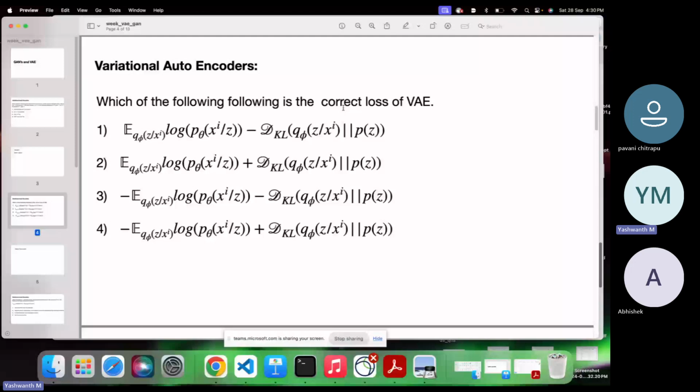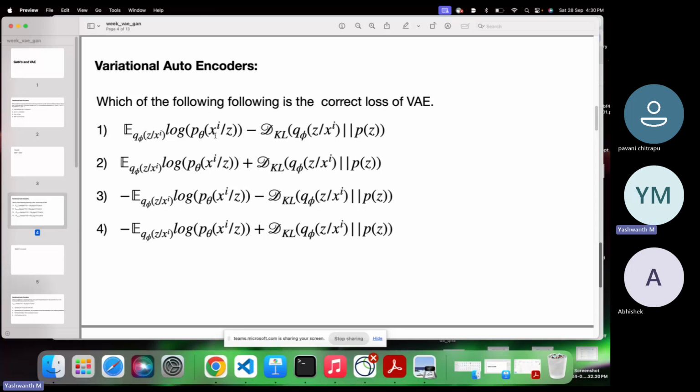So which of the following is the correct loss function for the variational autoencoder? The first term is maximizing the log probability of the image xi given the latent z.